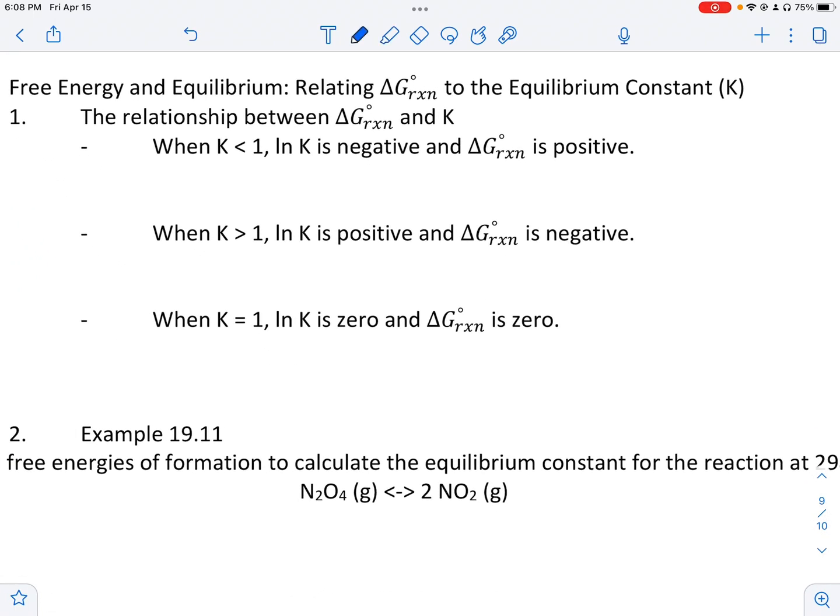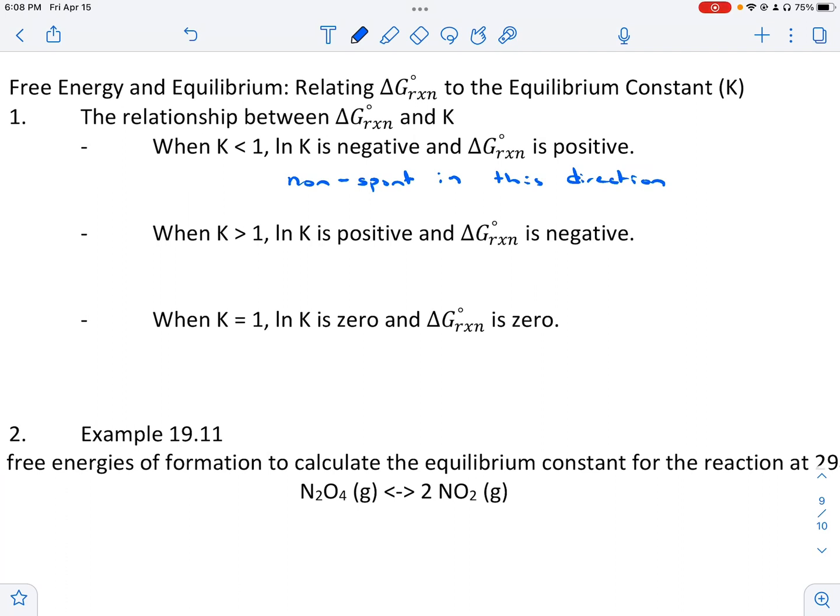So here we go, our first one. When Q is less than K, ln of K is going to be negative and delta G is going to be positive. So delta G is going to be non-spontaneous in this direction, which makes sense with what we said.